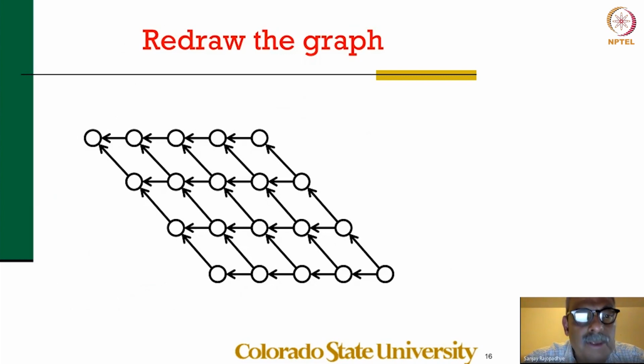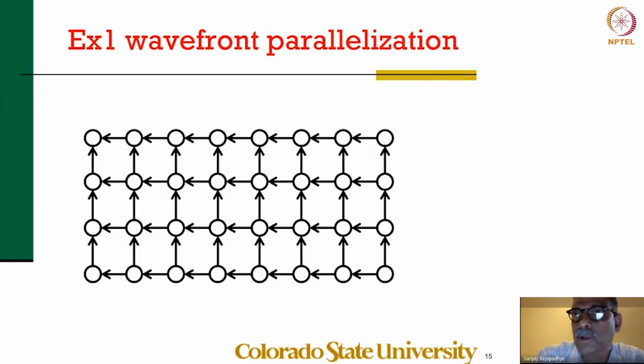The problem is that I may not have the vertex representation of this polyhedron because I'm looking at loop bounds. The loop bounds give me the representation in terms of inequalities: i greater than or equal to 1, j greater than or equal to 1, i less than n, j less than m. These are linear inequalities.